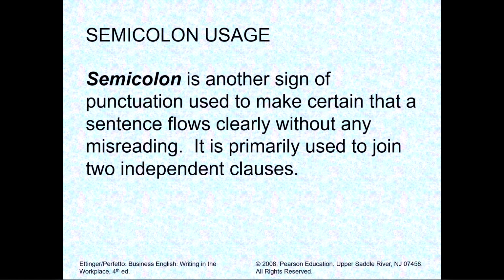A semicolon is another sign of punctuation used to make certain that a sentence flows clearly without any misreading. It is primarily used to join two independent clauses. All right? Again, you could use a comma and the word "and" for two independent clauses, but sometimes for clarity, you may use a semicolon.